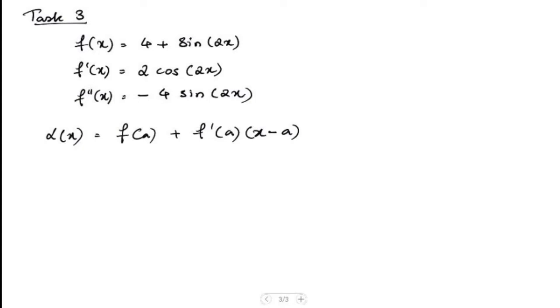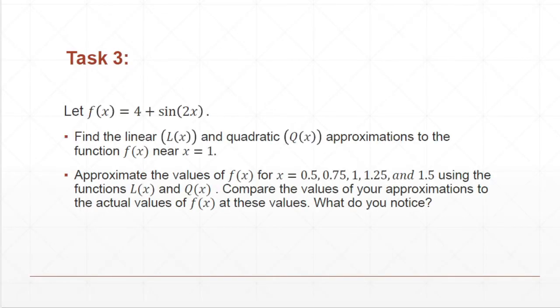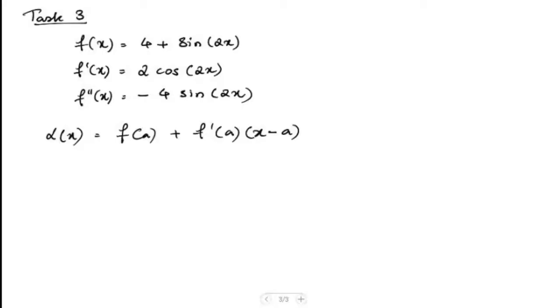According to the question, we have to find L(x) and Q(x) near x equals 1, so x equals 1 is our a. So we'll replace f(a) with f(1) plus f'(1) times (x minus 1).